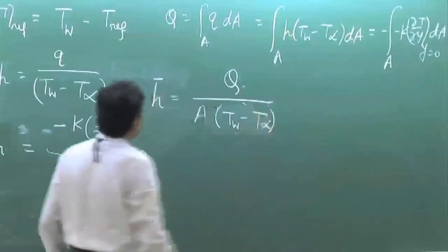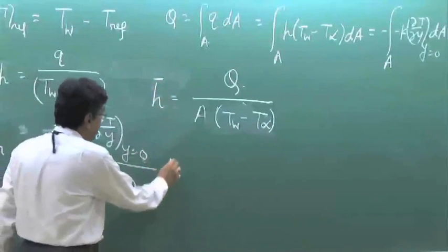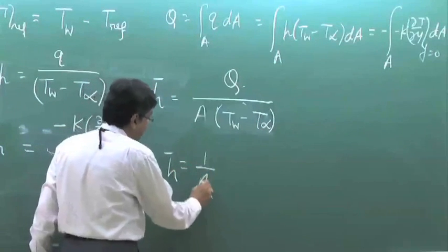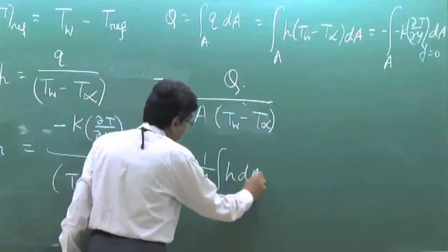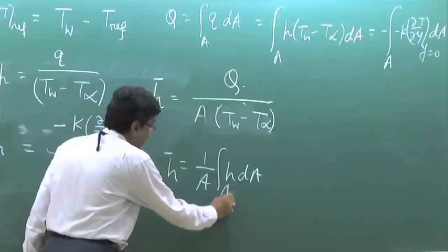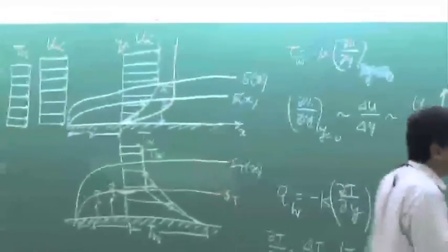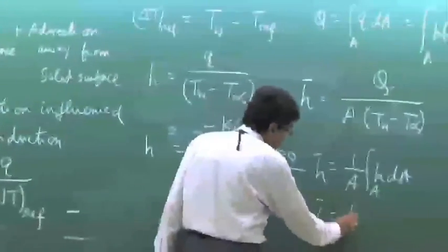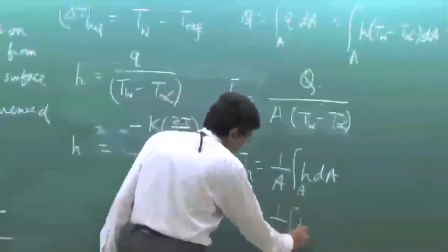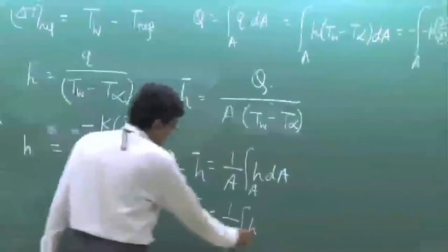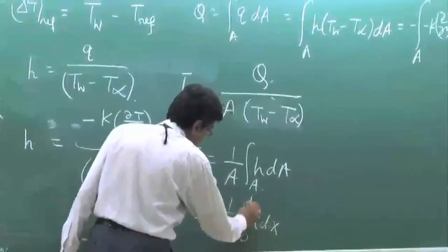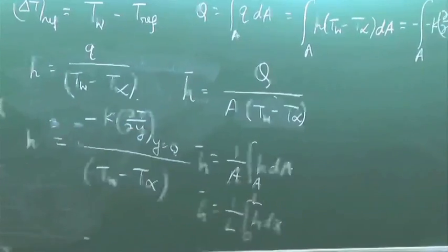So if you put now q like this, then h bar is the area averaged heat transfer coefficient. In a flat plate with a constant width in the direction perpendicular to the plane of the board, it is simply an arithmetic mean over the length, h dx from 0 to L, because here dA is dx into b. b is the width of the plate.